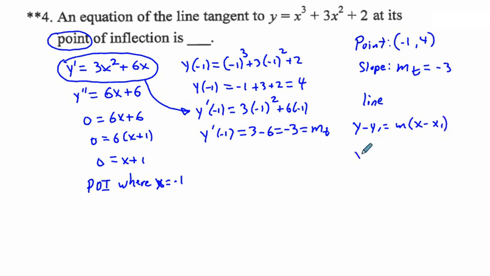So we have y minus 4 equals -3 times x minus -1, which is x plus 1. So this will be our equation of our tangent line at this inflection point. And the inflection point will occur where x equals -1.